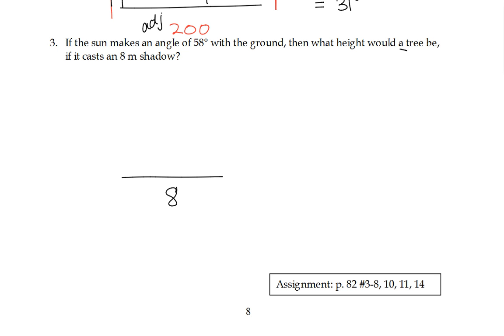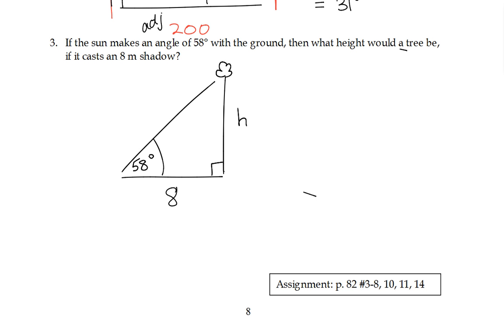Height of a tree, straight up. This is your tree. It's beautiful. Connect. Draw the right angle. 58 with the ground. What would be the height h of the triangle?